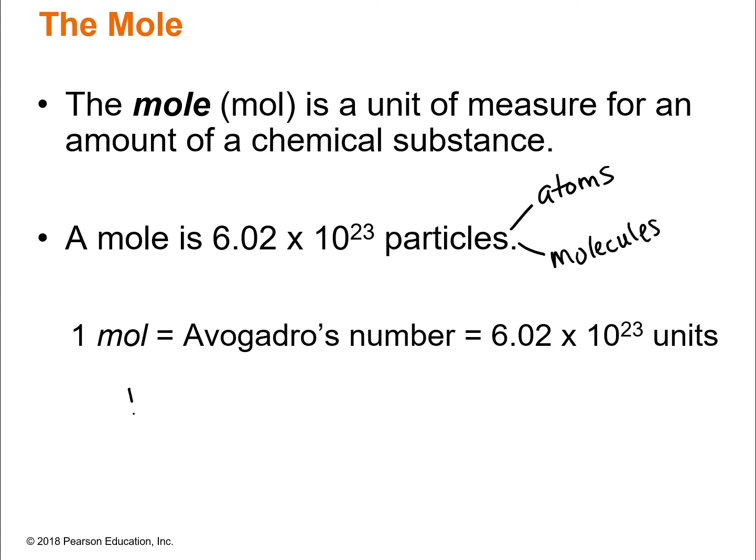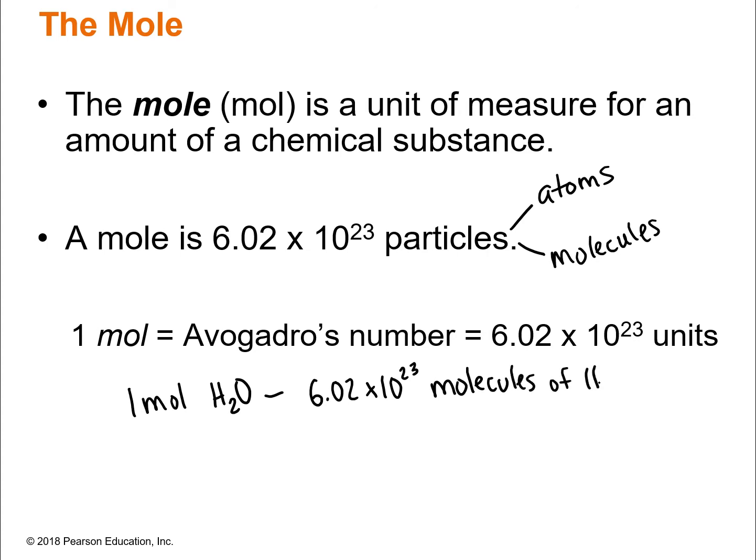So if I had 1 mole of water, H2O, that means that I have 6.02 times 10 to the 23rd molecules of water. Does everybody understand that? That's what a mole is.